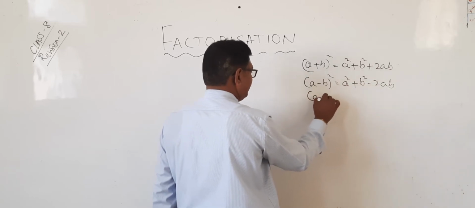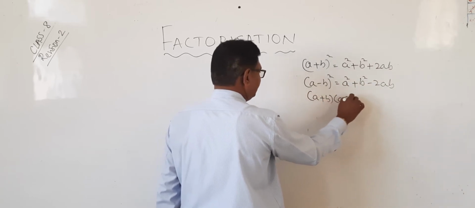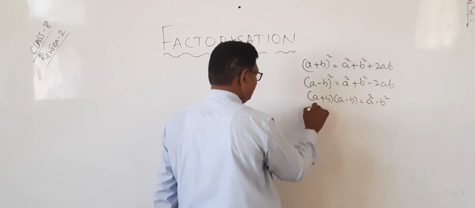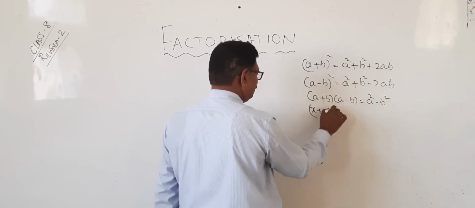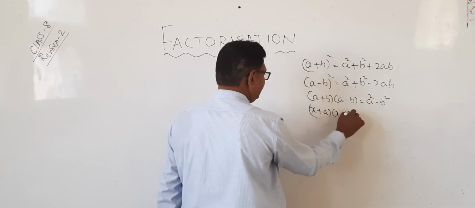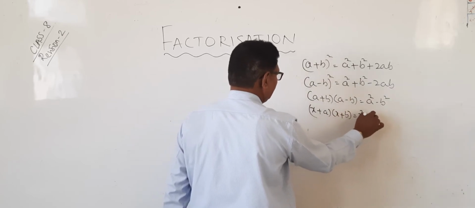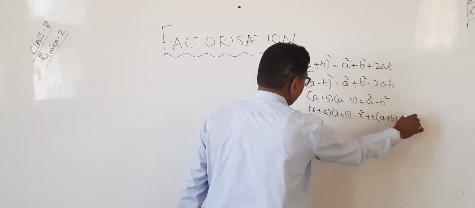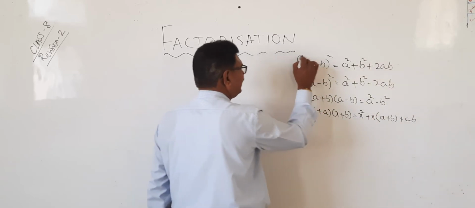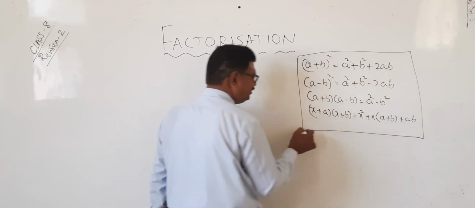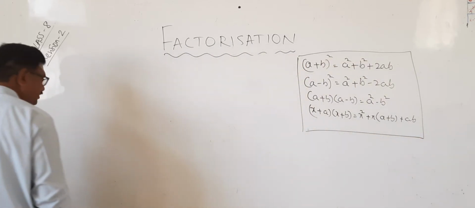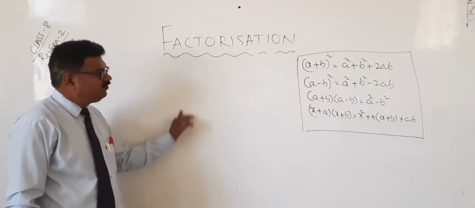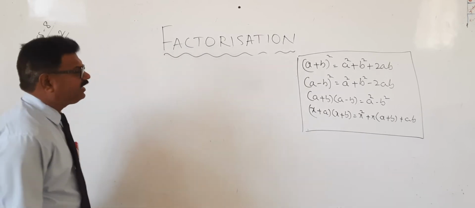Next, a plus b into a minus b is equal to a square minus b square. Next, x plus a into x plus b is equal to x square plus x into a plus b plus ab. These four identities we have learned in algebraic expressions. So how will they be useful?